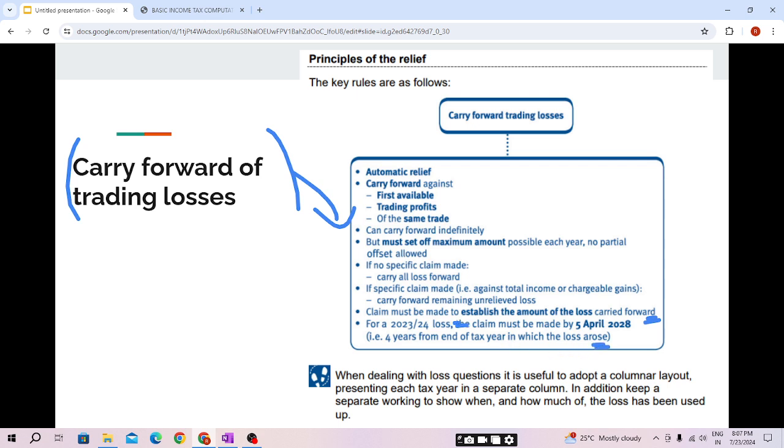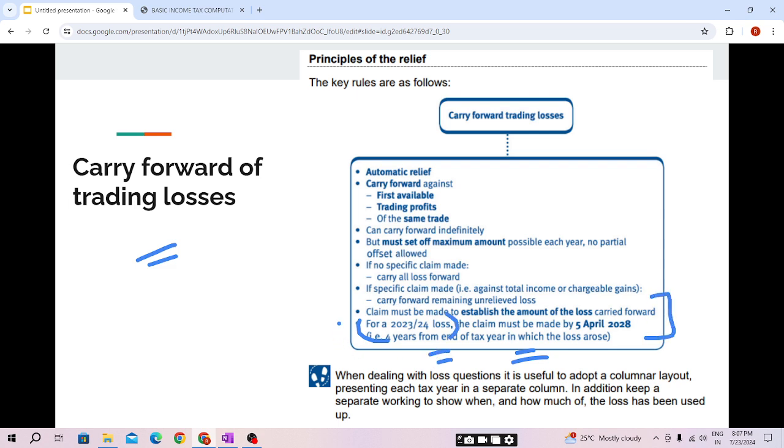That means students, the claim of the relief, that is carry forward trade loss relief, must be made within 4 years.